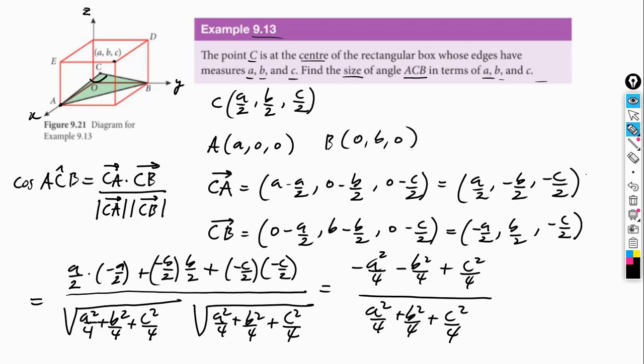And then from here we can rearrange and simplify, and we're going to get C squared minus A squared minus B squared divided by A squared plus B squared plus C squared. So the size of the angle ACB would be the inverse cosine of this expression that we found.